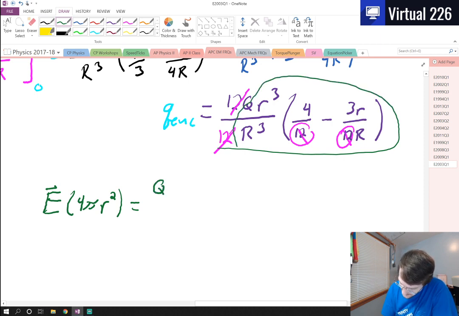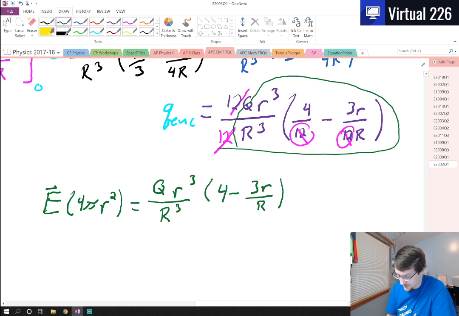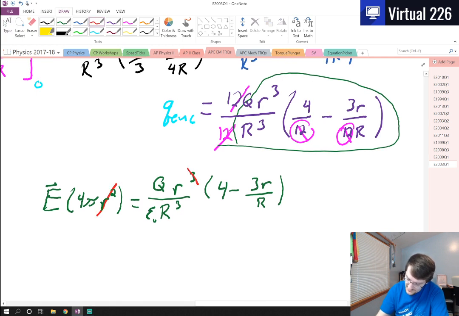So q r cubed over big R cubed times the quantity 4 minus 3r over big R all over epsilon naught. So I'll just toss the epsilon naught down here. Whew. Those go away. Divide by the 4 pi.